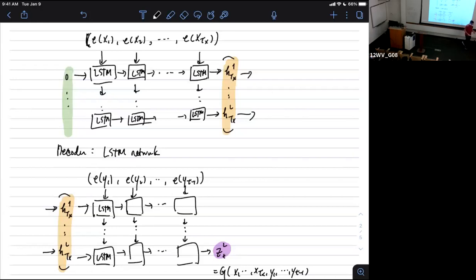So there is a weird ambiguity that exists in the problem of machine translation, or generally in the problem of the conditional autoregressive language model. It's because the target sentence has a high degree of statistical dependence.